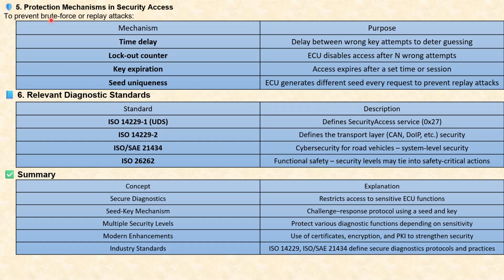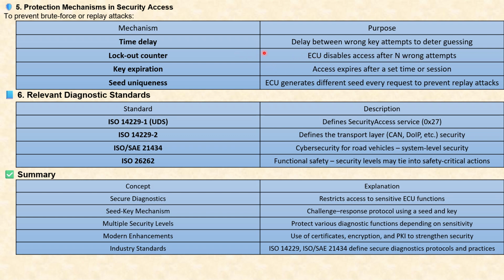Now, further protection mechanisms in security access to prevent brute force or replay attacks. Sometimes unauthorized hackers can even use mechanisms like brute force to hack into the system. The first protection mechanism is time delay, a delay between wrong key attempts to deter guessing. Next is the lockout counter. The ECU disables access after n wrong attempts.